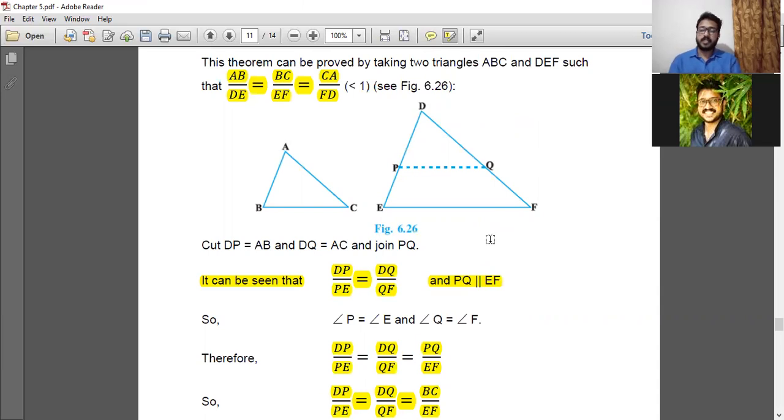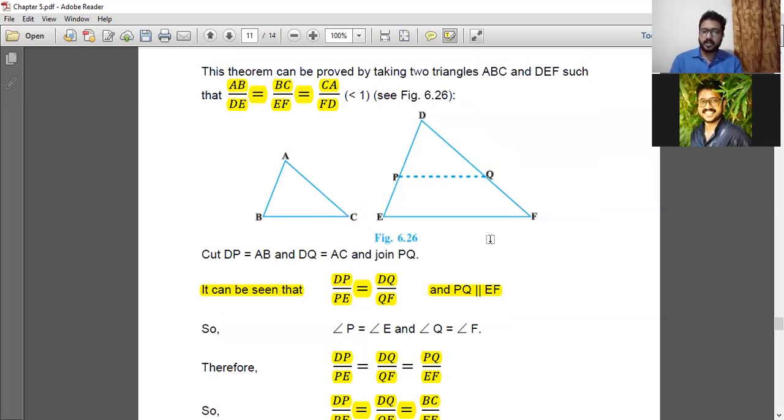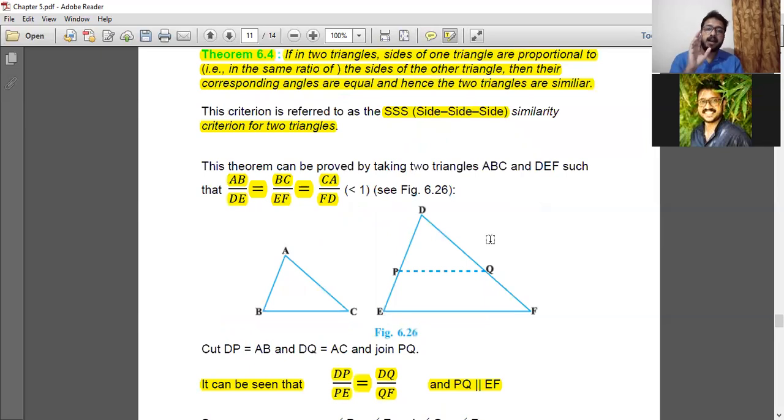This criterion was called the side criterion. Don't worry about the proof. The only thing you should be worried about is applying these statements in solving the examples. That is what you should give more importance.